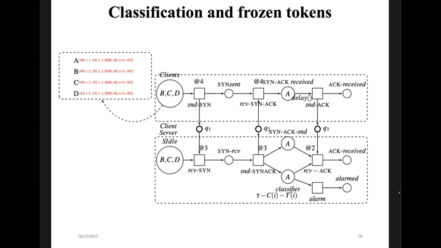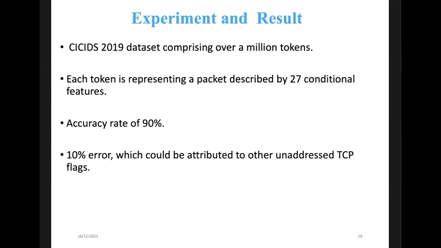For example, we classify a token as abnormal if its duration exceeds the predetermined time limit set by the network administrator and it doesn't send acknowledgement to the server, while all packets within this time frame will be considered normal communication.